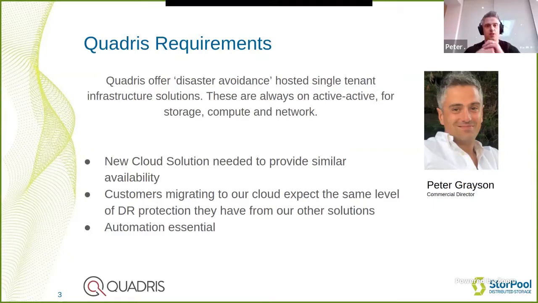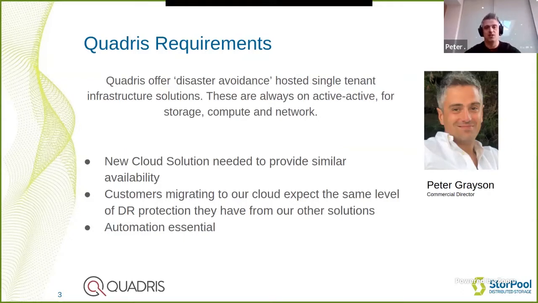We started to do a bit of research into public cloud platforms. And one of the key things we needed was a disaster recovery solution. Traditionally, Quadris has a very strong background in business continuity and disaster recovery. We offer a warranted solution which is hosted in our data centers, which we call a disaster avoidance platform.